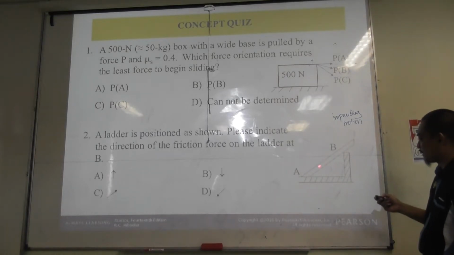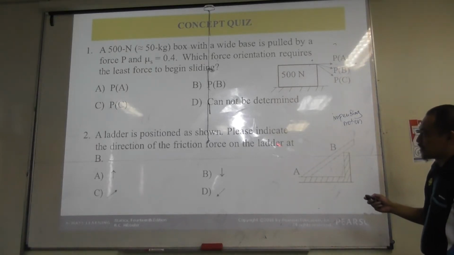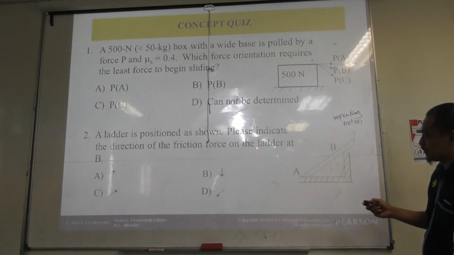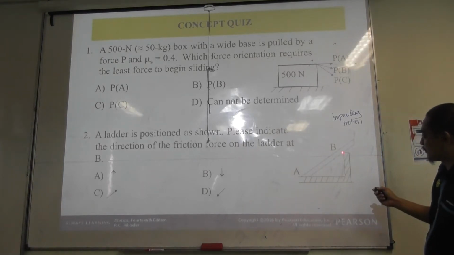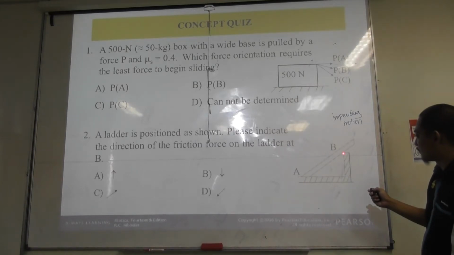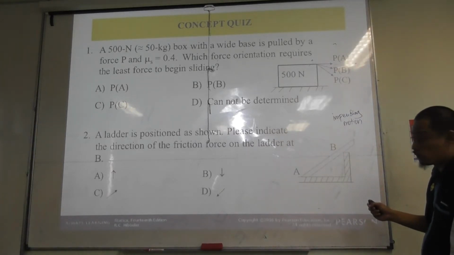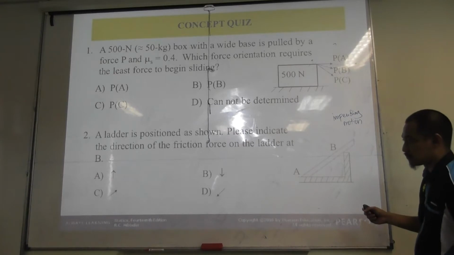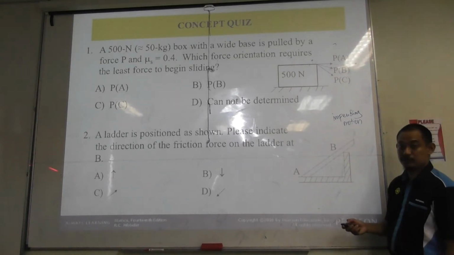Jangan tanya siapa lukis macam ni. Okay, so please indicate the direction of friction at B. That is one. Which direction will it be? If you don't want to draw the friction, this one. Why?